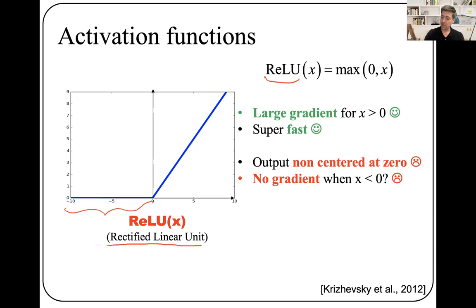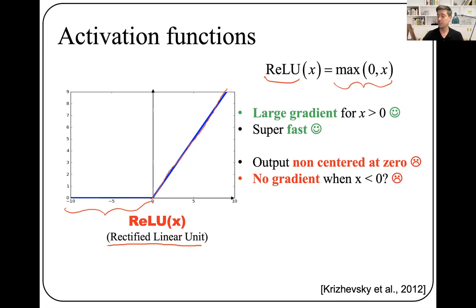And if the input is positive, then the output will simply be the same as the input, right? So it's a linear function which has a slope of 1. Okay, so mathematically, how do we write this function? Well, it's actually very simple. We can write it as the max between 0 and x, where x is the input of the function.